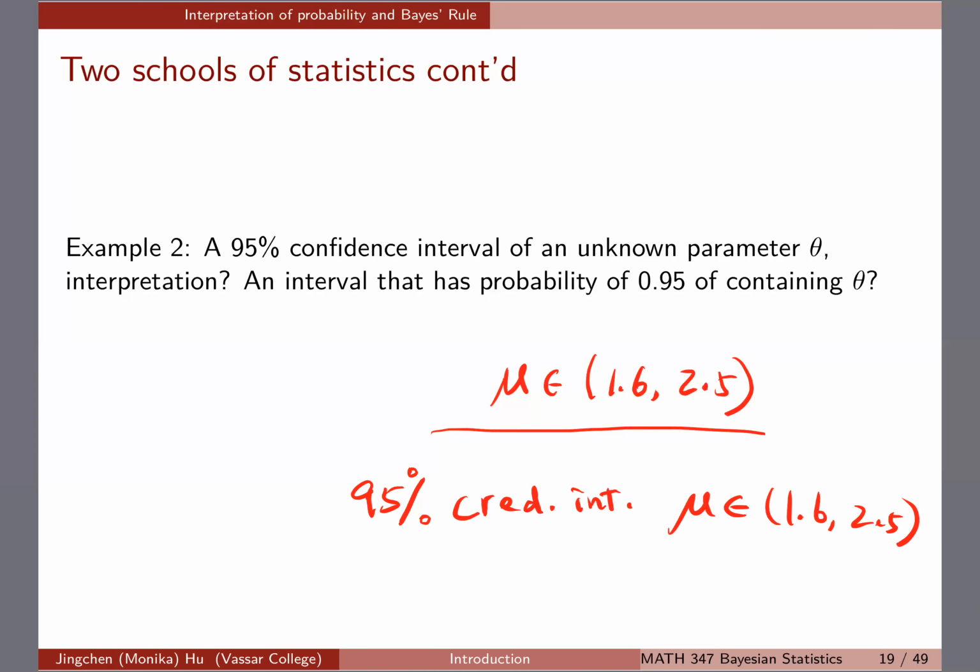So because the parameter is fixed, whenever they're talking about a confidence interval, it's not a probability statement about mu itself or theta. It's really that if you can repeat this experiment that many times, then in total 95% of the time, the truth will be covered. So that's the main difference, and that leads to the different interpretation of a 95% confidence interval and a 95% credible interval, which we're going to see a lot throughout this course.